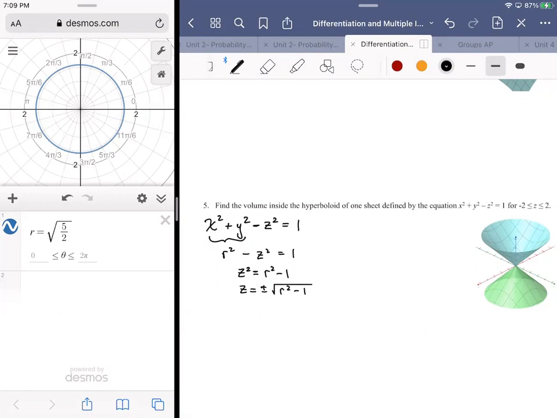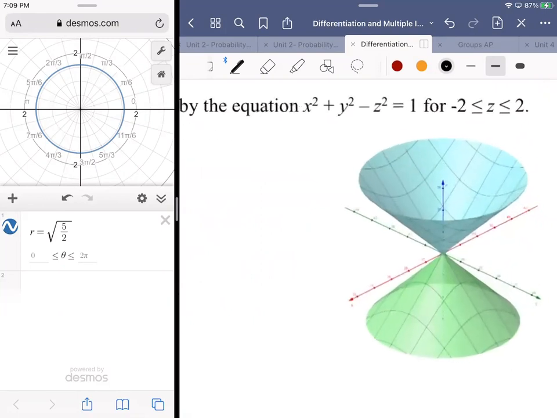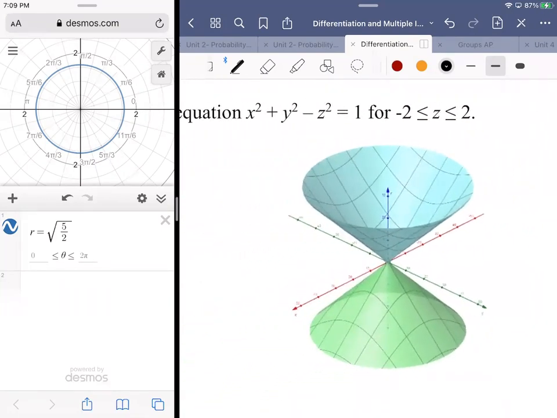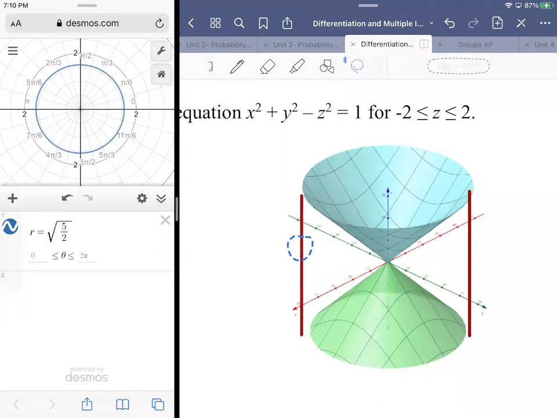Now, if I were to just integrate this, that might pose a problem, because it's like, well, what am I getting by integrating? And it's the same idea when we did volumes of revolution in Calc 2. So you're going to have a reason for why you're integrating. What you're going to get is the volume below the surface.